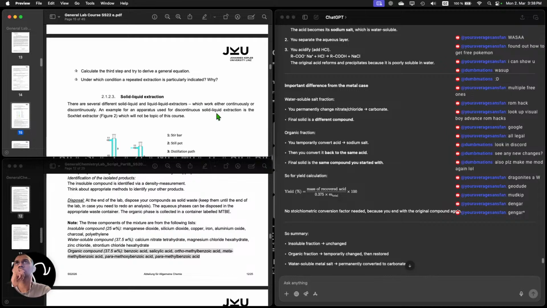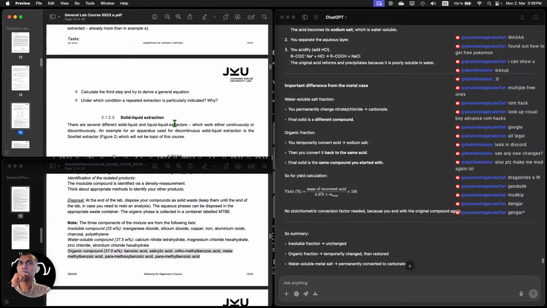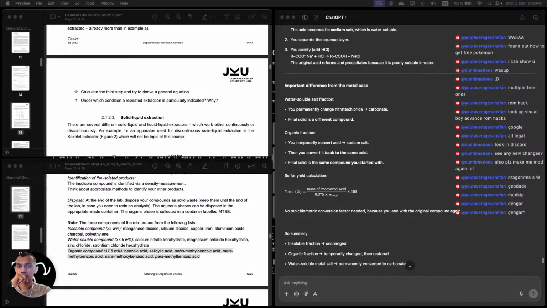An example of an apparatus used for discontinuous solid-liquid extraction is a Soxhlet extractor, which will not be a topic of this course. Okay, it was just an example.